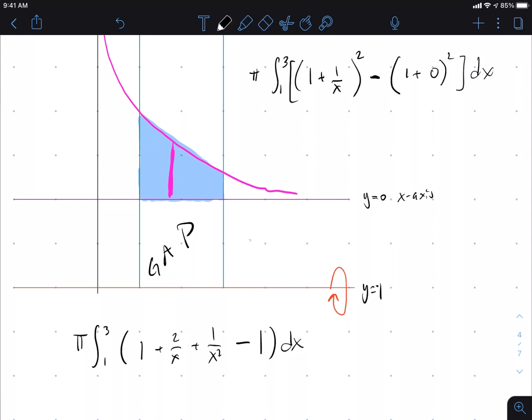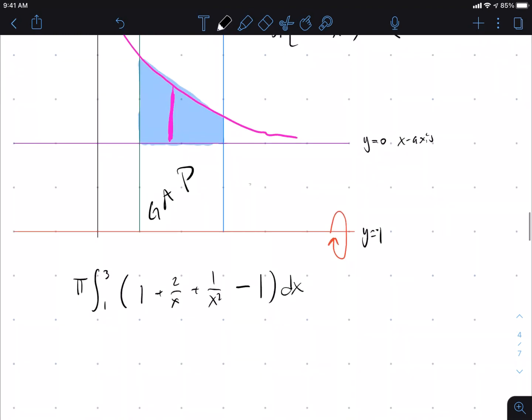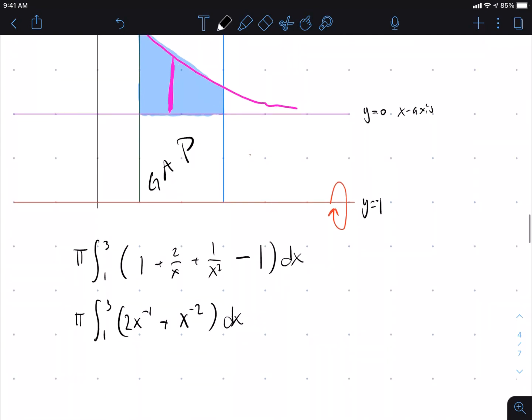Then I'm going to have to integrate, but I don't want to deal with negatives, so I'm just going to clean it up. So I'm going to get pi, integral from 1 to 3 of 2x to the negative 1 plus x to the negative 2 dx, because that way I can do power rule stuff to it, right?